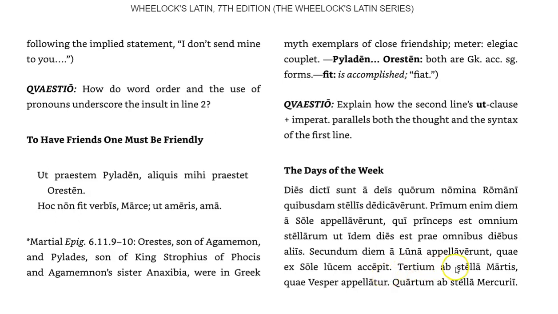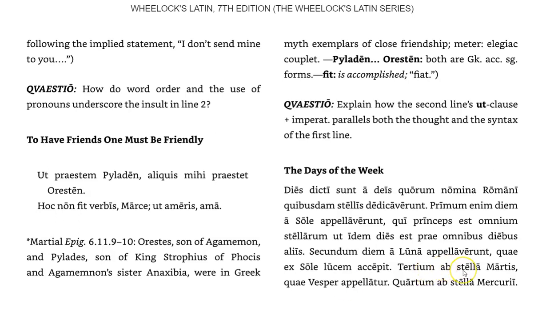The third day is so-called literally from the star Mars, or in this case from the star Mars, which is called the evening star. Oftentimes Mars is still visible in the evening sky, whereas other stars might depend on their position in the sky.